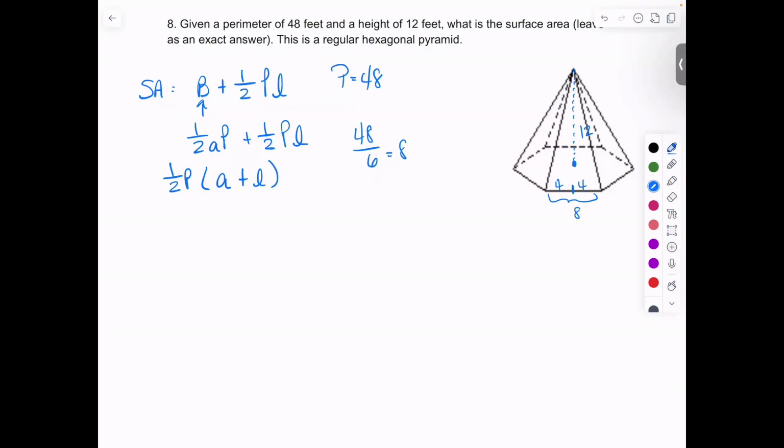So I'm going to write up this base here in a 2D fashion. Again, we're going to have 6 equilateral triangles in this hexagon. And to find the central angle, we'll just divide 360 by 6.